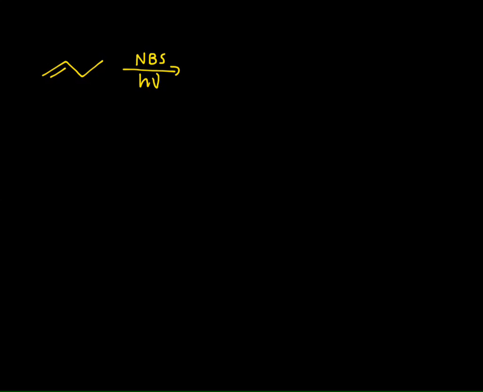So with 1-butene, we see that there's only one allylic carbon, and so NBS is going to brominate that allylic carbon, and the product is this, right? So I get 3-bromo-1-butene.